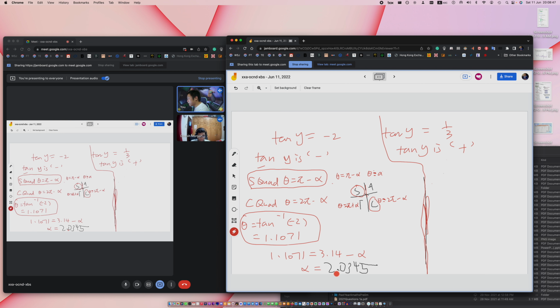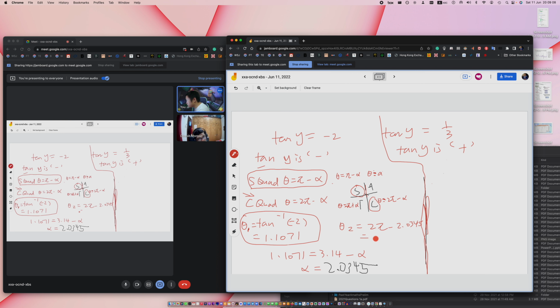So once you get this basic angle, then with this basic angle you can get the C quad theta already. So now we do for the C quad here. This is your theta 1, which is given by your calculator. So the theta 2 is equal to 2 pi minus the 2.0345.